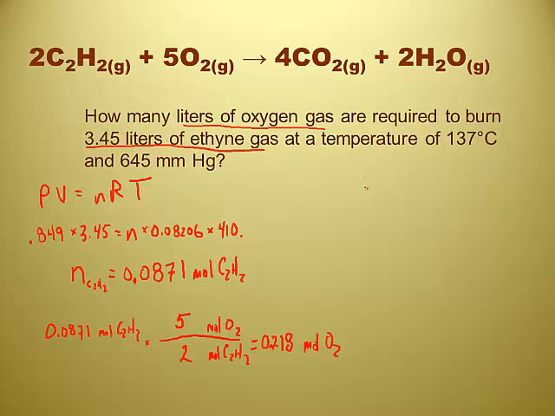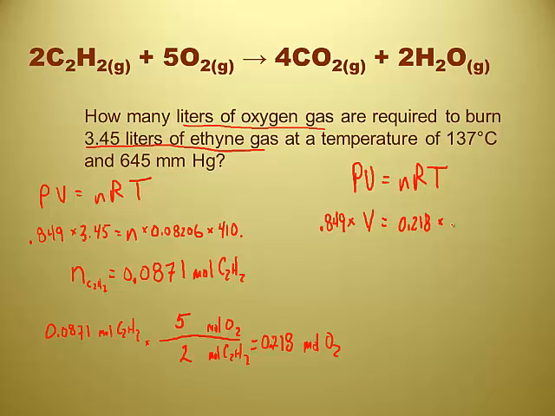Now we want liters of oxygen. So we have to do PV = nRT, this time using oxygen. The pressure is going to be the same, 0.849, because this is happening at the same temperature and pressure. The volume is what I don't know, the volume of oxygen. The number of moles of oxygen is 0.218, the value we just calculated.